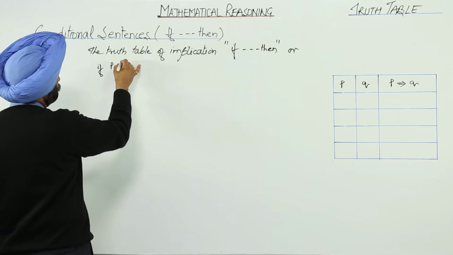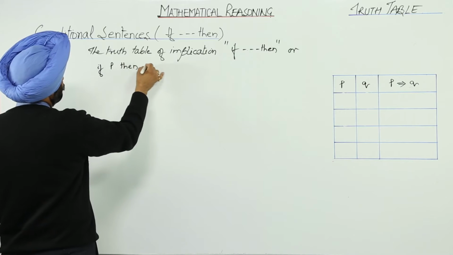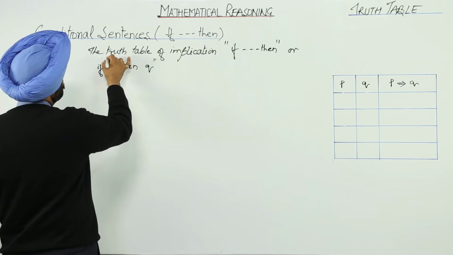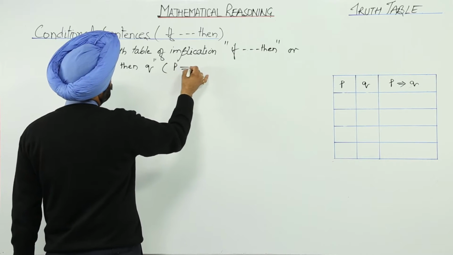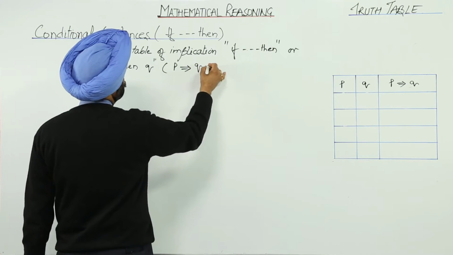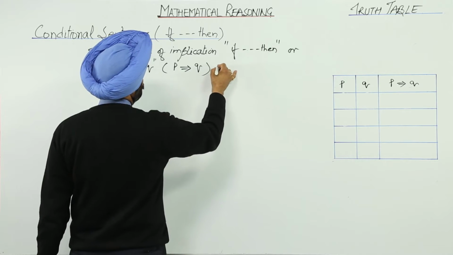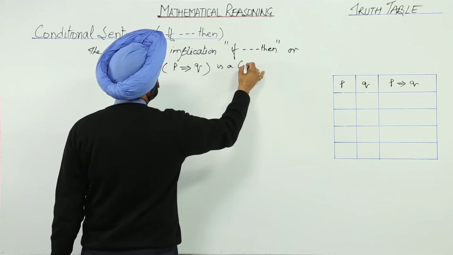We can write this as if P then Q, and we write for this P implies Q, which is a conditional.